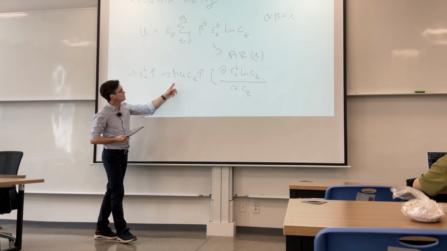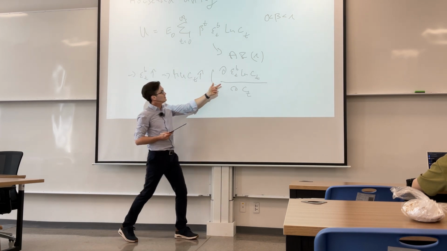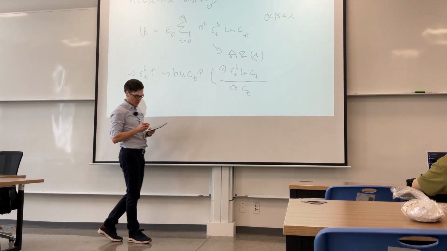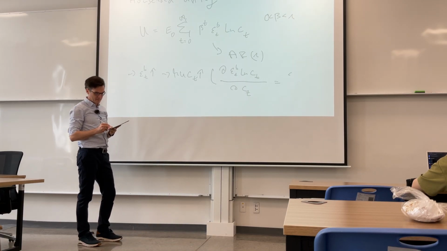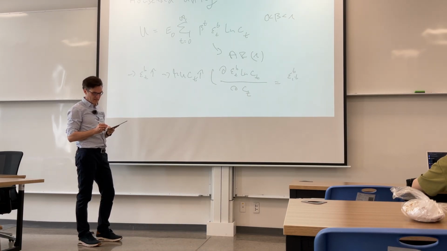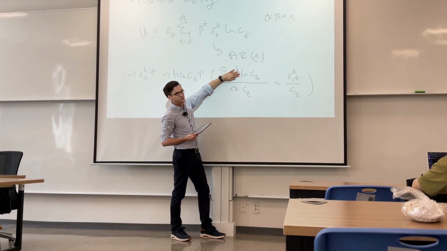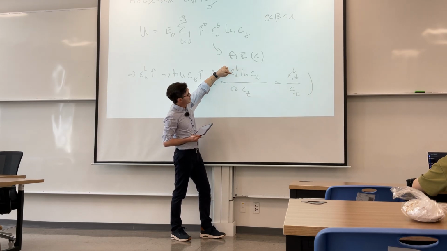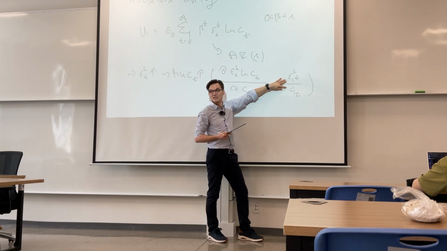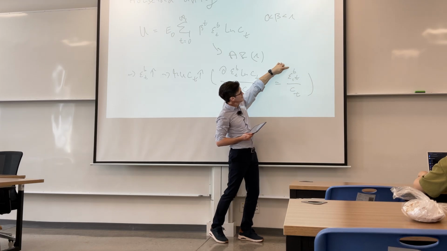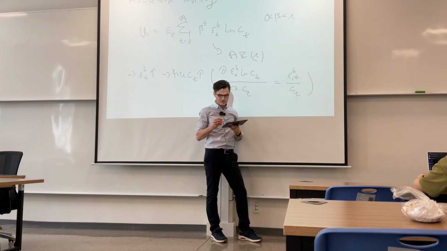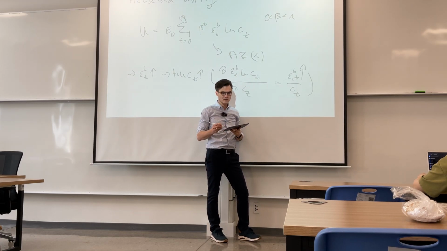That is the marginal utility of consumption. If you do that differentiation, you see that this is epsilon B,T divided by C_T, since the partial derivative of log C_T is 1 over C_T. So at the margin, when epsilon B goes up, the marginal utility of consumption goes up.